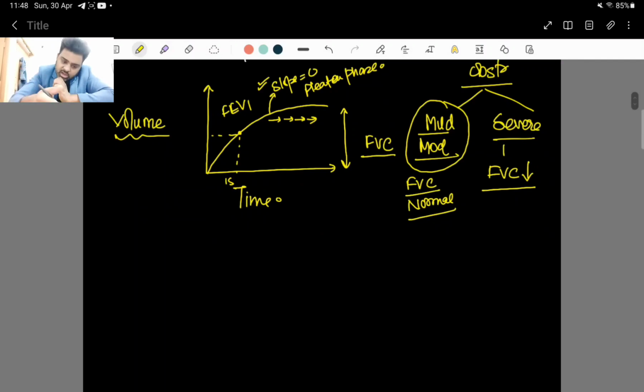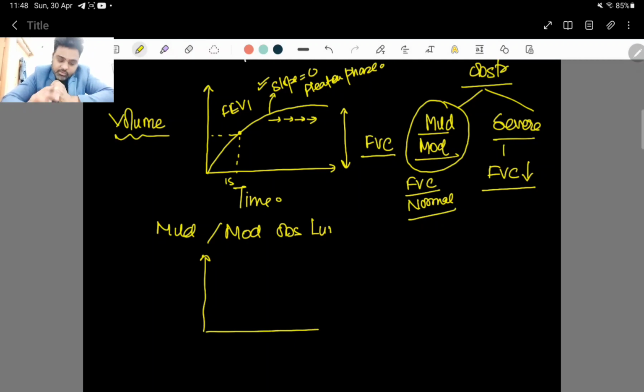Now, if I draw the graph after knowing these things, for mild to moderate obstructive lung disease, how will the graph be? We know there are two important points. One is the plateau phase and one is the FVC. FVC will not be reduced, so FVC will be the same.